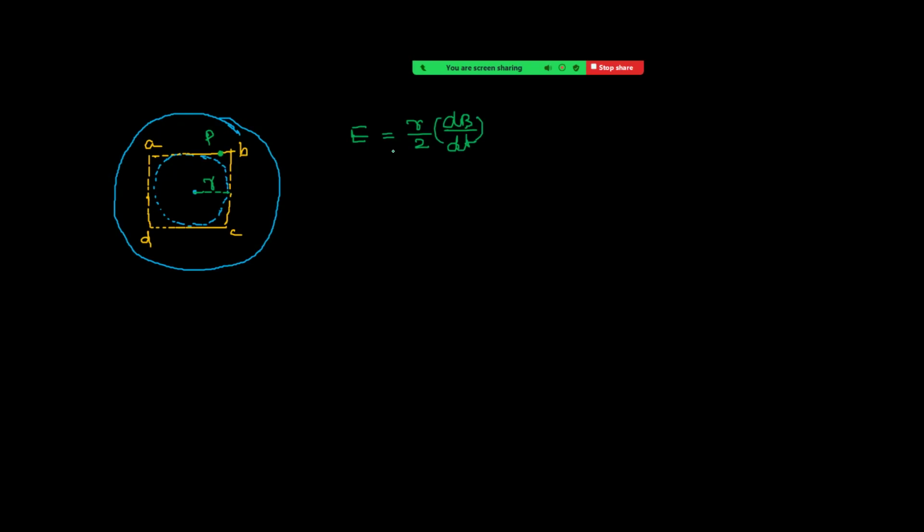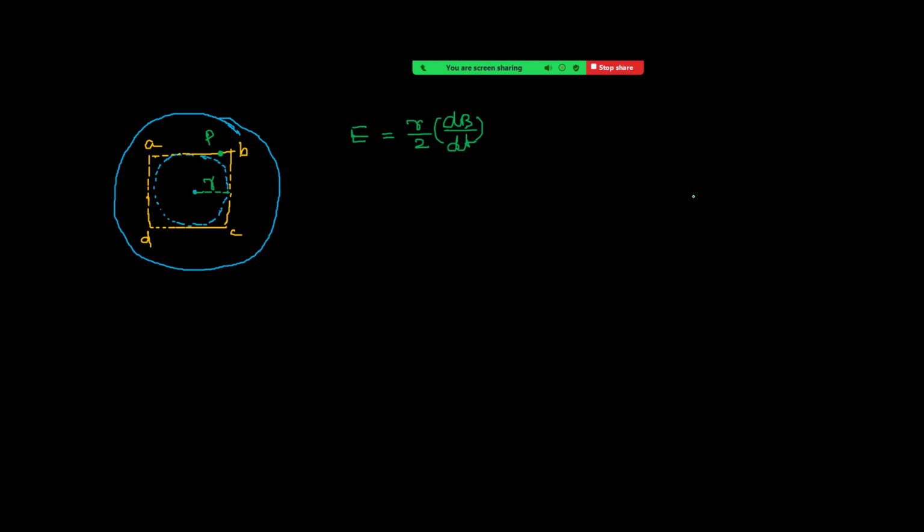Now coming to the second one: consider a point P on the side of the square circumscribing the circle. Show that the component of the induced electric field at P along BA is the same as the magnitude found in part A. Now see what we can do. Here we can join the center of the circle to this point.